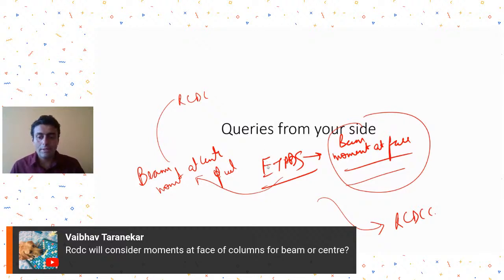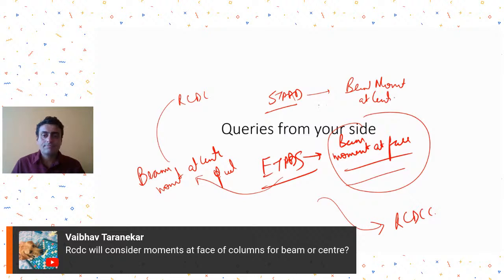I hope I have answered. In STAAD, as you all know, the default setting is that the beam moments are considered at the center of the column. So that will be the value which will be taken if you bring it to RCDC. Whatever setting you have made in your analysis software, RCDC will take that.